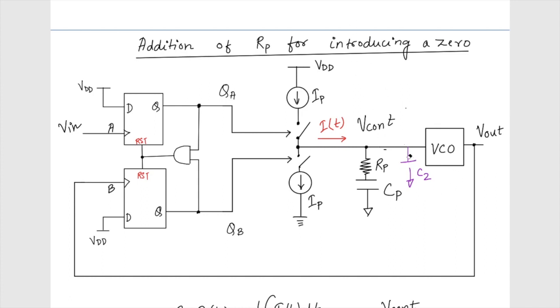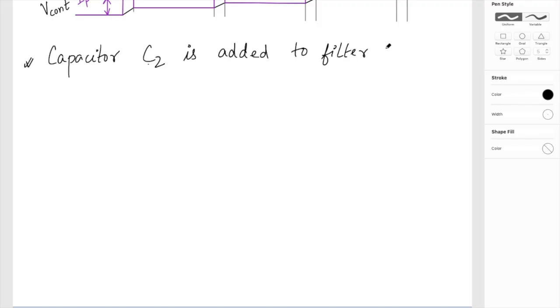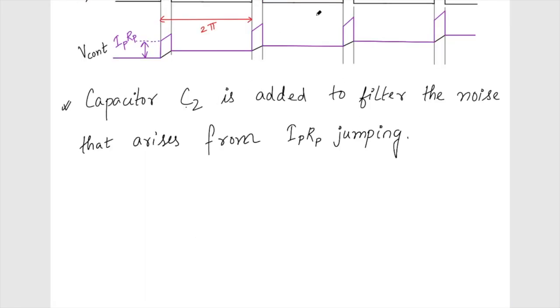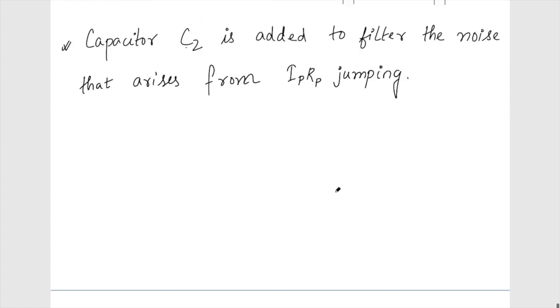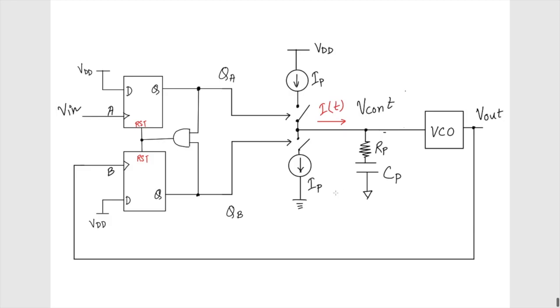Let me write it down nicely on the new page. The capacitor C2 is added to filter the noise that arises from the Ip Rp jumping. So let's draw this.